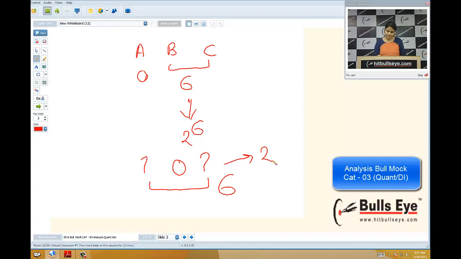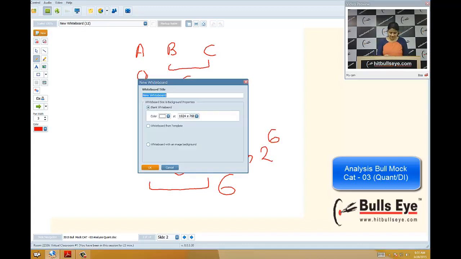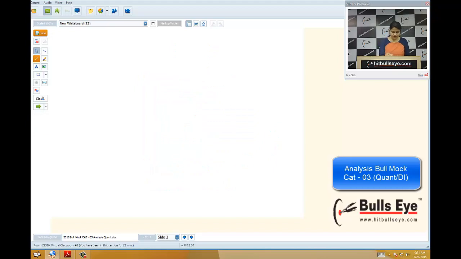Again, there are 2 raised to power 6 choices with the same logic, but it includes those cases as well in which A is getting 0 books, B is getting 0 books and C is getting all 6 books. So this case is included in both these cases.